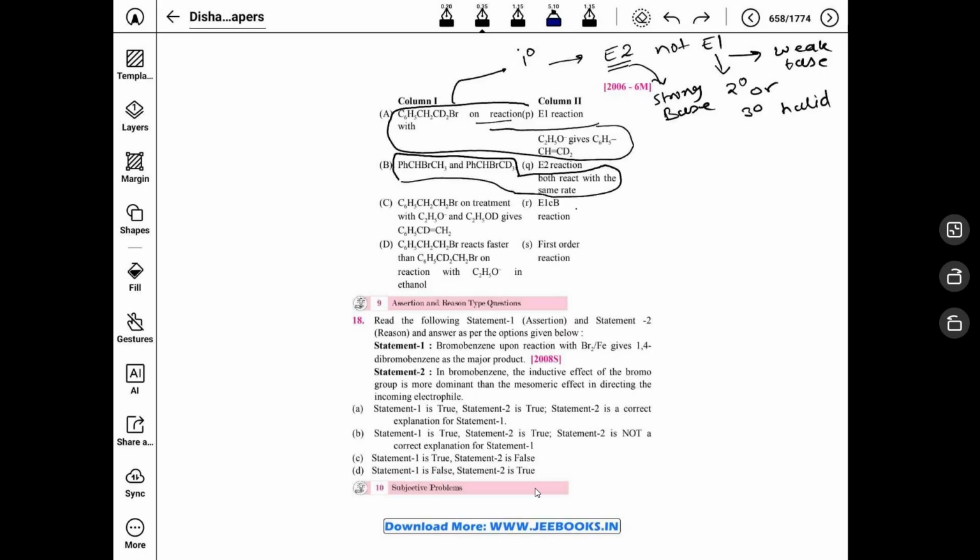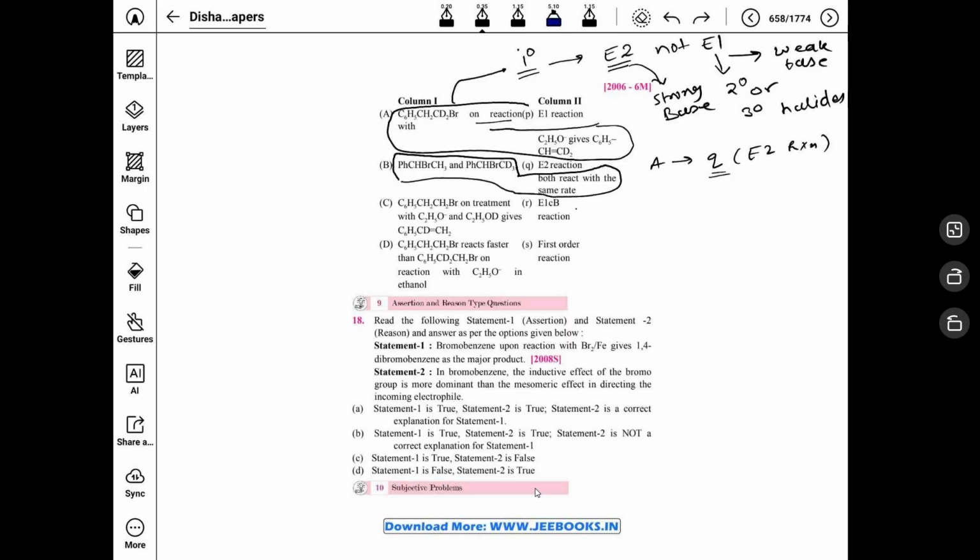But in the given question we have only primary. So look at this, A is a primary halide as we said, therefore it will match to E2 reaction. So A will match to Q, E2 reaction. Only one option, it is matching to one option.